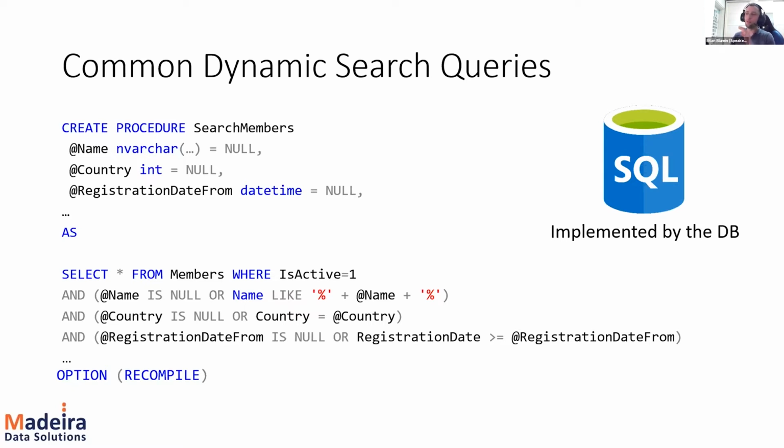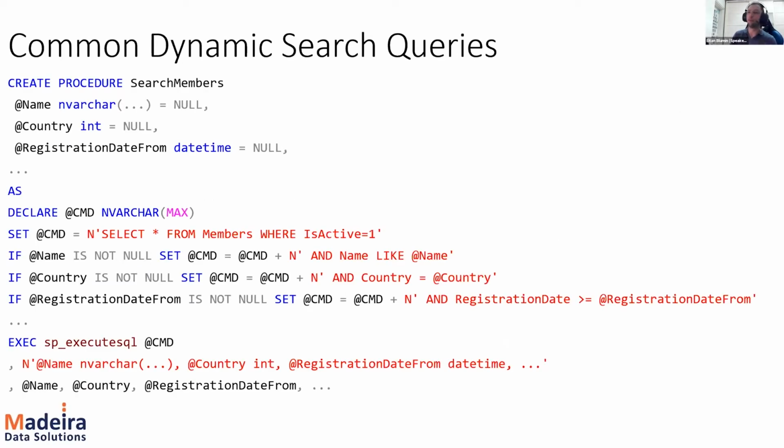Right. So the common way, the proper way, the best practice way to resolve all the problems that I just mentioned is to do something like this. Which basically means to create dynamic SQL. We dynamically construct a command using text strings.